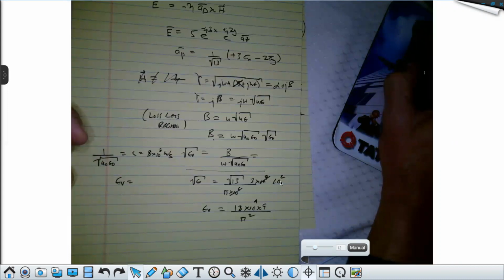Y'all agree with me? Take that quantity, that square root of epsilon relative. I need to square it. Square root of 13, 13. Square 3, get 9. 10 squared is 10 to the 4th. Pi squared. I get an answer that's huge. And I think Wentworth just created this problem. It's not based on anything physically realizable. Okay. So that's it. Nevertheless, we have to get eta, correct, class?